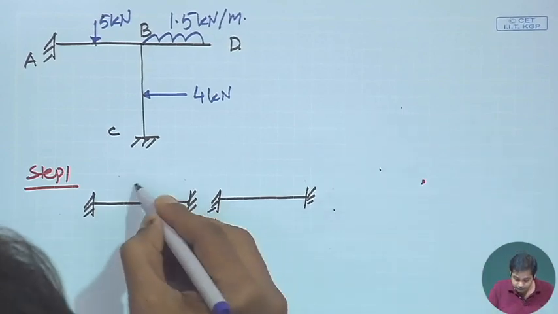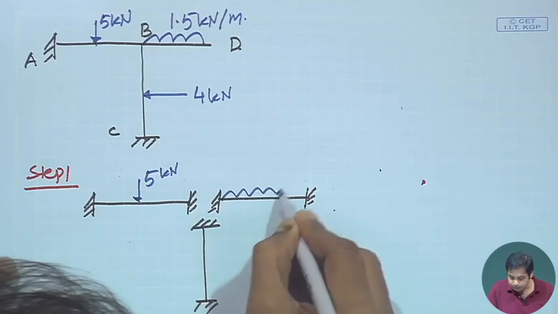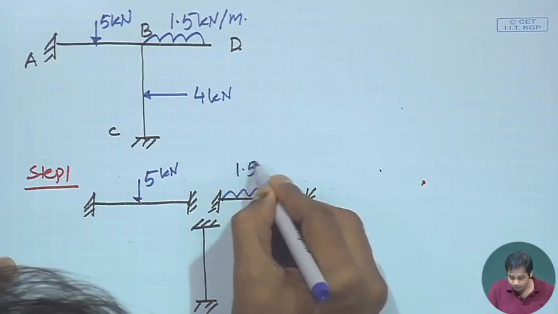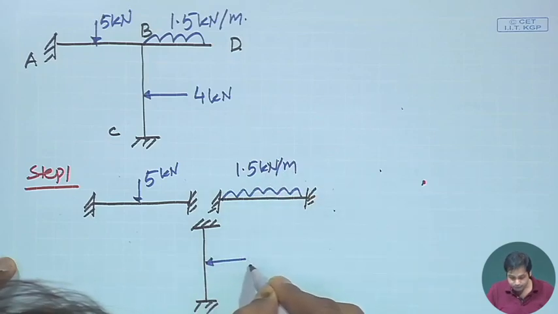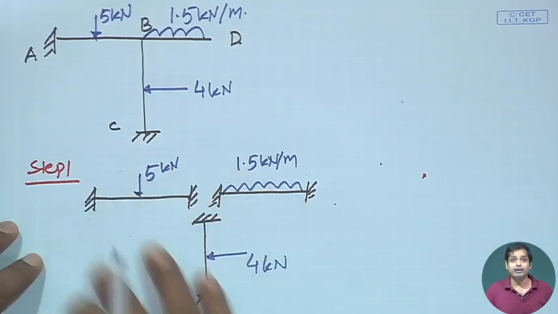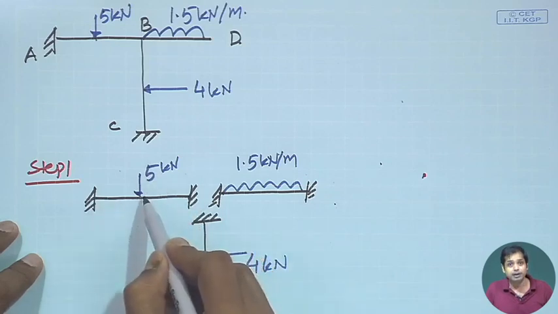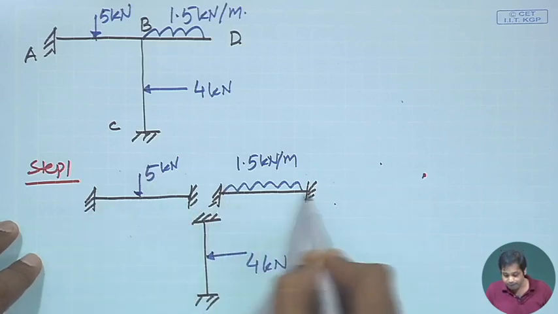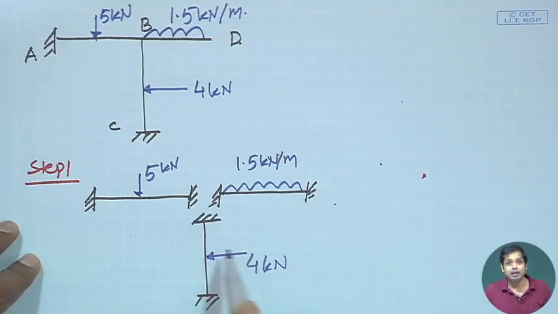And what are the loads on it? This is 5 kilonewton, this is uniformly distributed load 1.5 kilonewton per meter, and then this is 4 kilonewton. Now, you see, this is the primary structure subjected to external load. This is again a fixed beam subjected to a concentrated load at the midspan, a fixed beam subjected to uniformly distributed load, and again a fixed beam subjected to a concentrated load at the midspan.